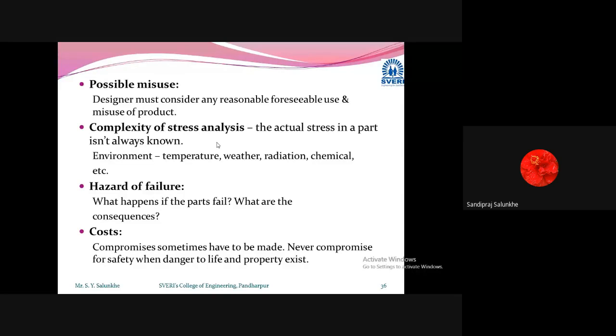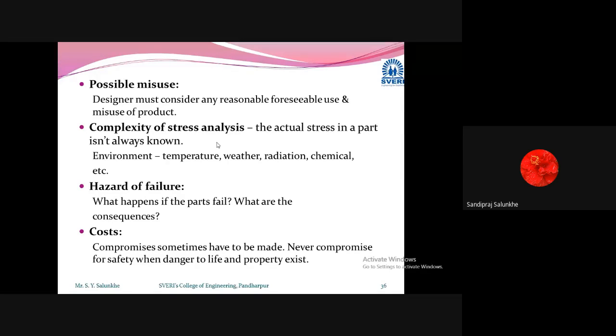Okay. Now the next point which we are going to see is the hazard of failure. That is a very important point. What will happen if the part fails? The part which you are designing. Whether it will create a disaster or it will just give an intimation of that failure and not affect much more.